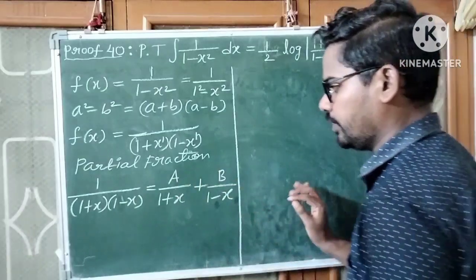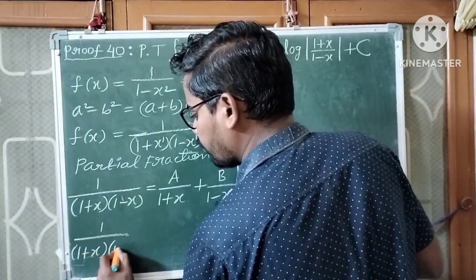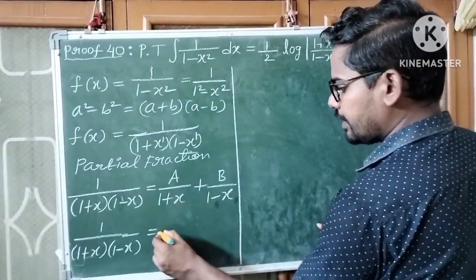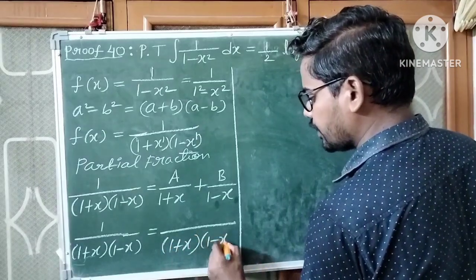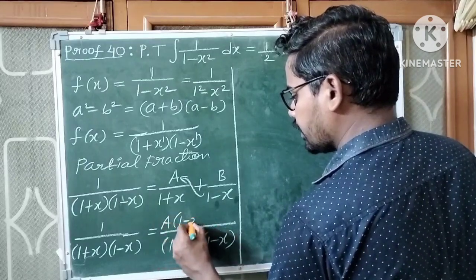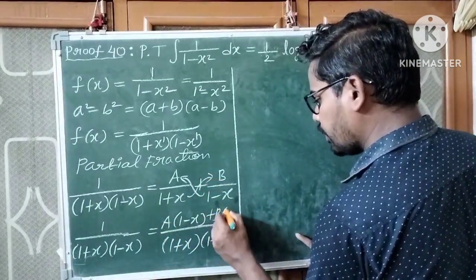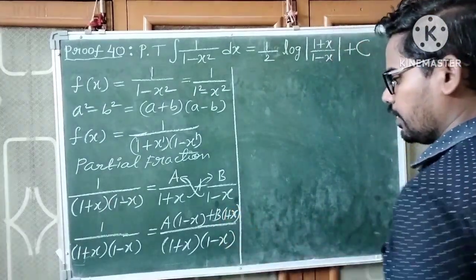Let us find the constants. So 1 by 1 plus x into 1 minus x is equal to... what is the LCM? The LCM is 1 plus x into 1 minus x. Next, cross multiplication: a into 1 minus x plus b into 1 plus x.